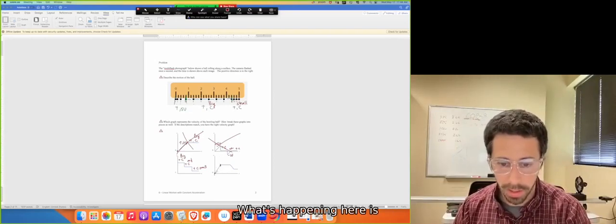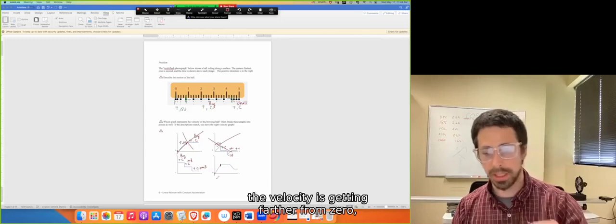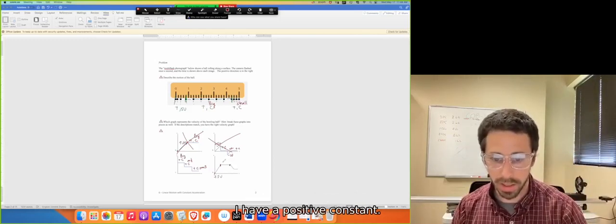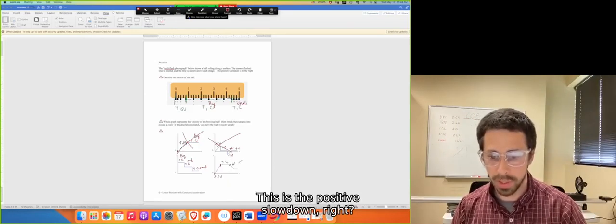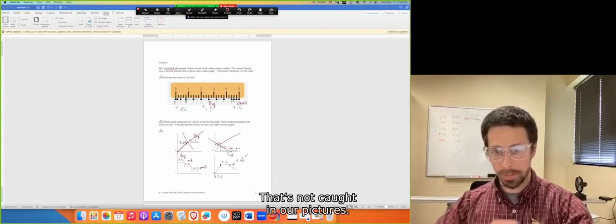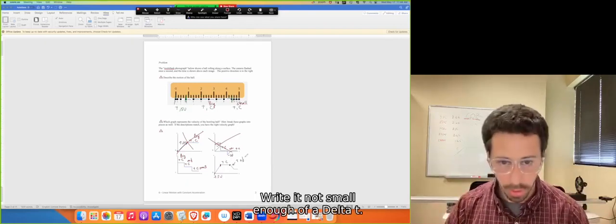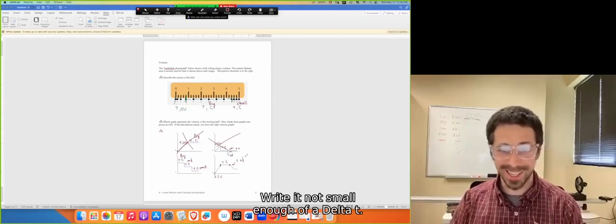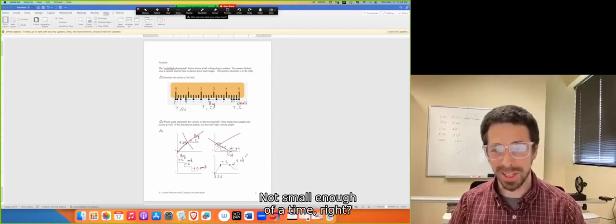What's happening here is a positive value, and the velocity is getting farther from zero: positive, speeding up. Right here, I have a positive constant. What happens afterwards? This is that positive slow down, which is not caught in our pictures. It's not a small enough delta t, not a small enough time.